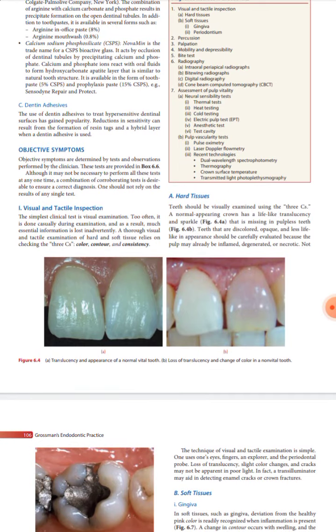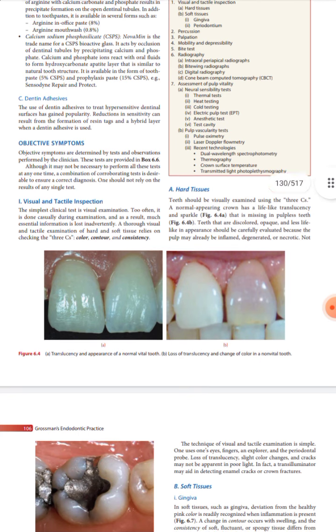A normal appearing crown has a lifelike translucency and sparkle that is missing in pulpless teeth. Teeth that are discolored, opaque, and less lifelike in appearance should be carefully evaluated because the pulp may already be inflamed, degenerated, or necrotic.